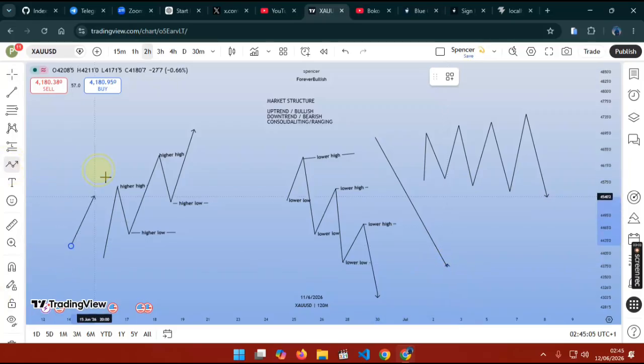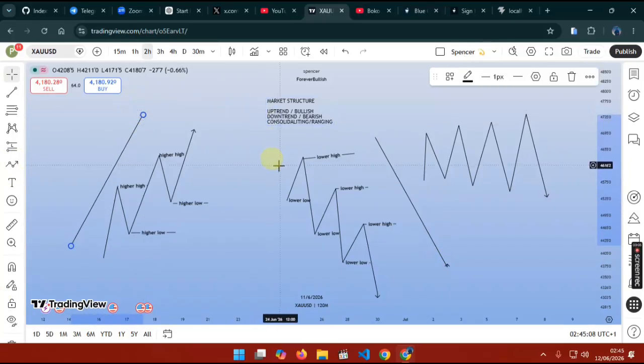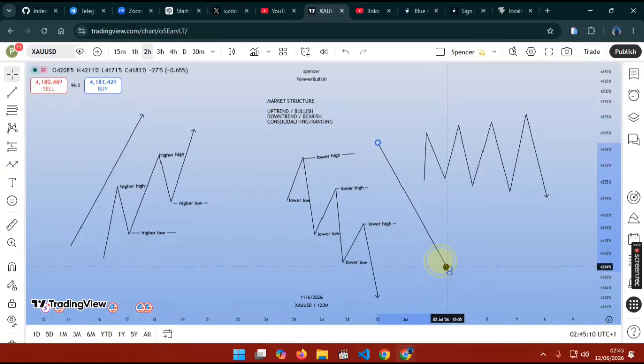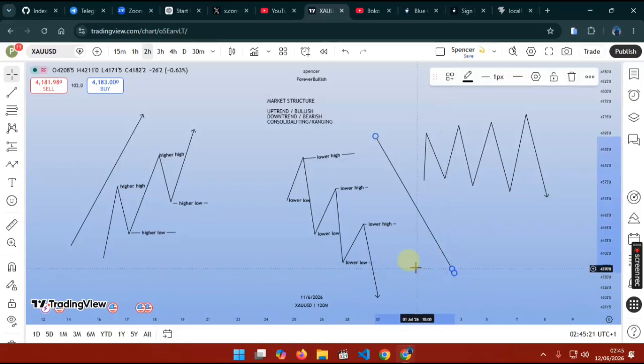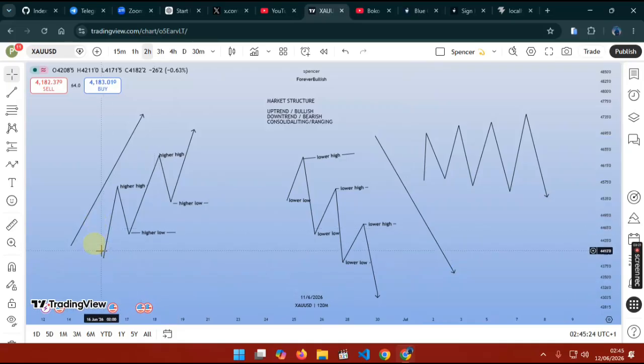The market will basically give you an impulsive sell and a correctional buy, a pullback. You call it either a pullback or a correction. Then impulsive sell, correctional pullback, impulsive sell.